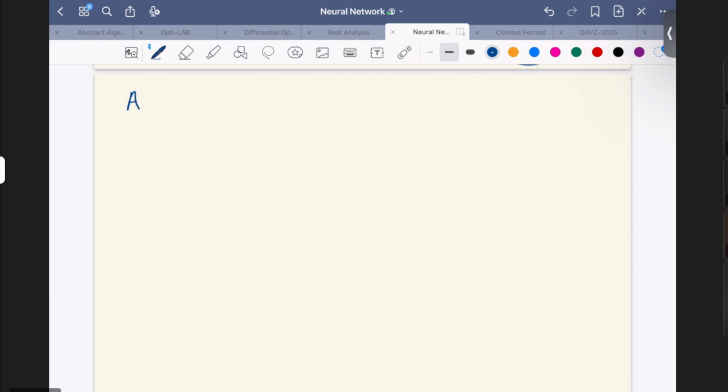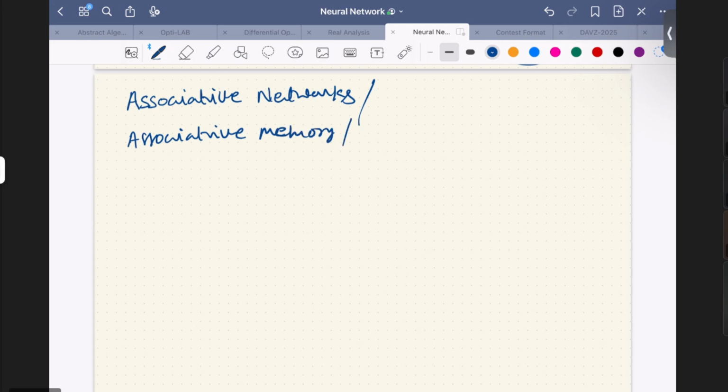These are associative networks, maybe other names like associative memory or associative learning.